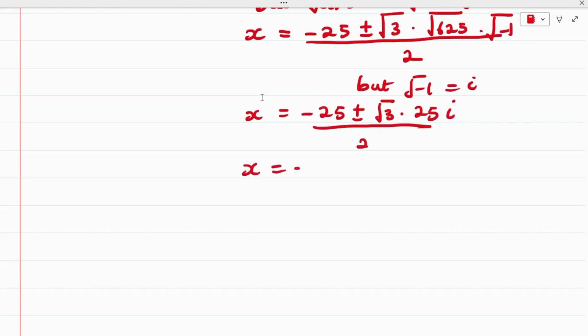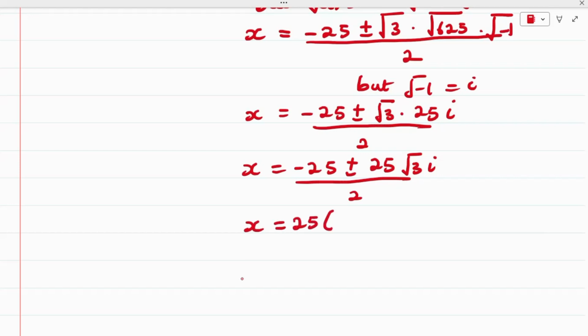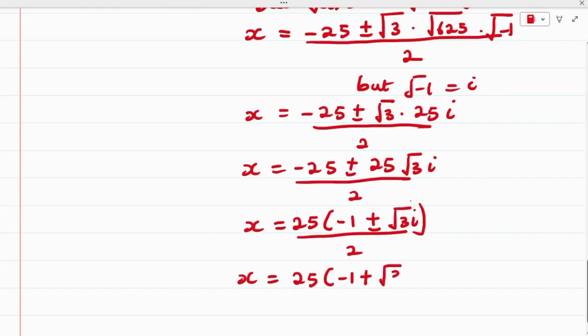So x is equal to minus 25 plus or minus 25 into the square root of 3 i over 2. We are going to have x is equal to, if you factor out 25, minus 1 plus or minus the root of 3 i over 2. So from here we have that x is equal to 25 into negative 1 plus the root of 3 i divided by 2, or we have 25 into negative 1 minus the root of 3 i over 2.